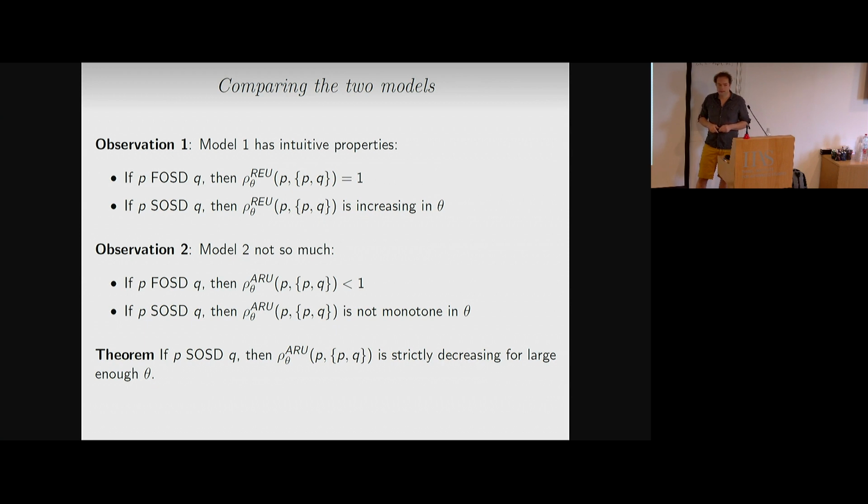If P second order stochastically dominates Q, then P may not be chosen with probability 1 because maybe there are some risk-loving agents in my pool, or maybe my single agent in the other interpretation sometimes is risk-loving. But if I increase theta, the probability that P gets chosen goes up, because the probability that the agent becomes risk-loving gets smaller if I push theta up for a fixed distribution over epsilon.